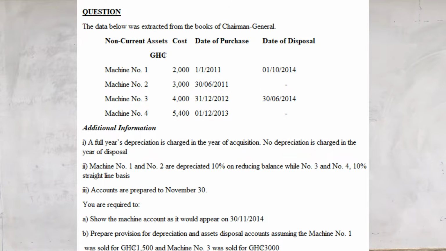You are required to show A, the machine account as it would appear on 30th November 2014, and then B, prepare a provision for depreciation and assets disposal accounts, assuming the machine number 1 was sold for 1,500 Ghana cedis and machine number 3 for 3,000 Ghana cedis.